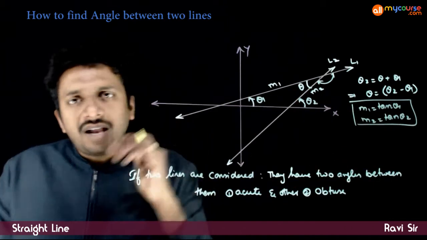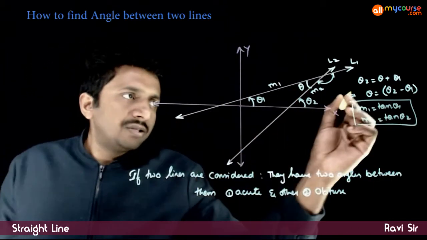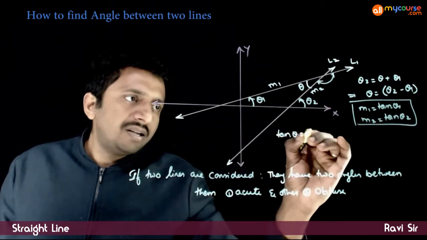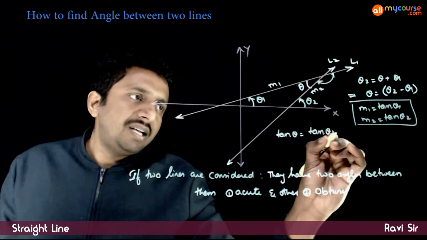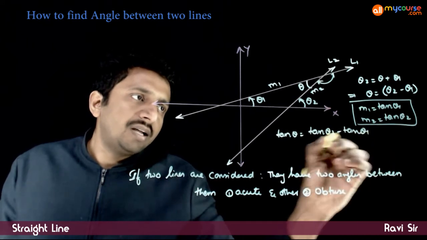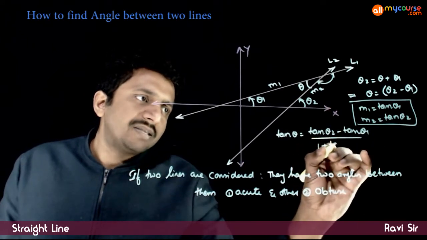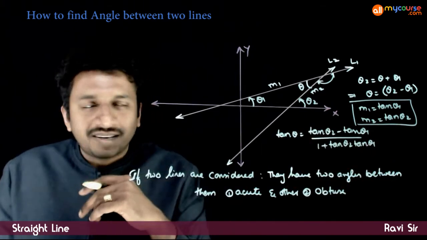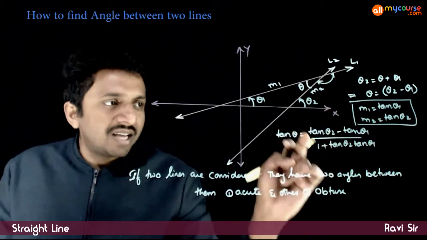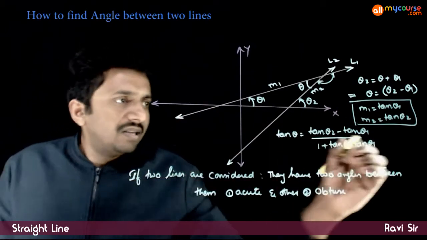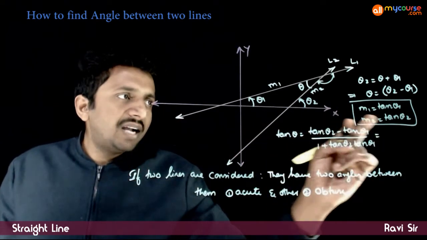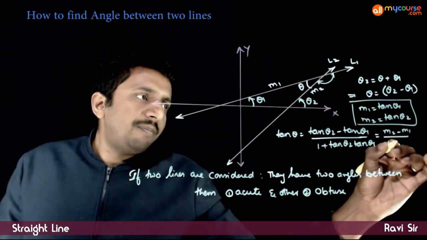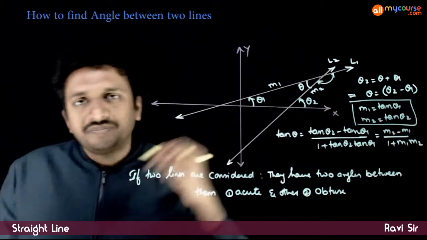So can you find the value of theta? Simple. Theta is nothing but theta 2 minus theta 1. So tan theta is nothing but tan theta 2 minus tan theta 1 divided by 1 plus tan theta 2 tan theta 1, right? Tan of A minus B is tan A minus tan B by 1 plus tan A tan B. So that is equal to m2 minus m1 by 1 plus m1 m2.